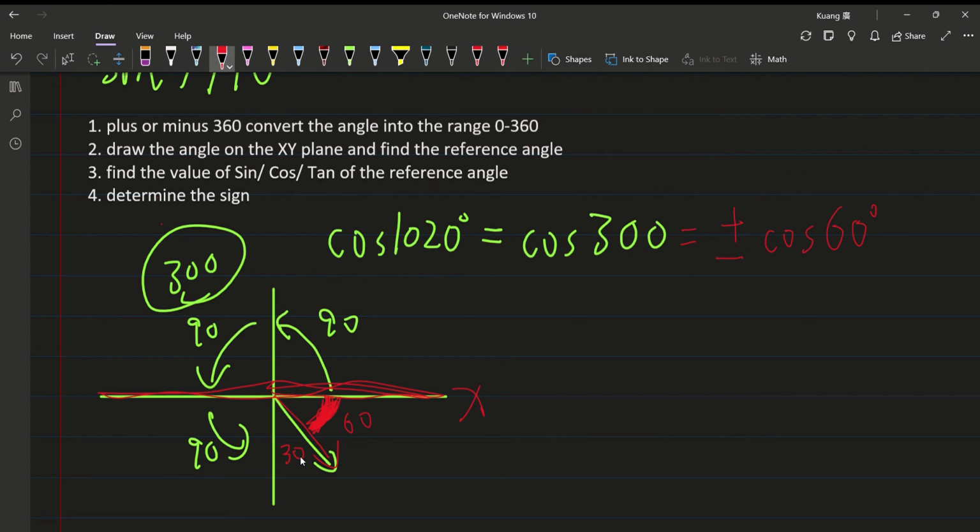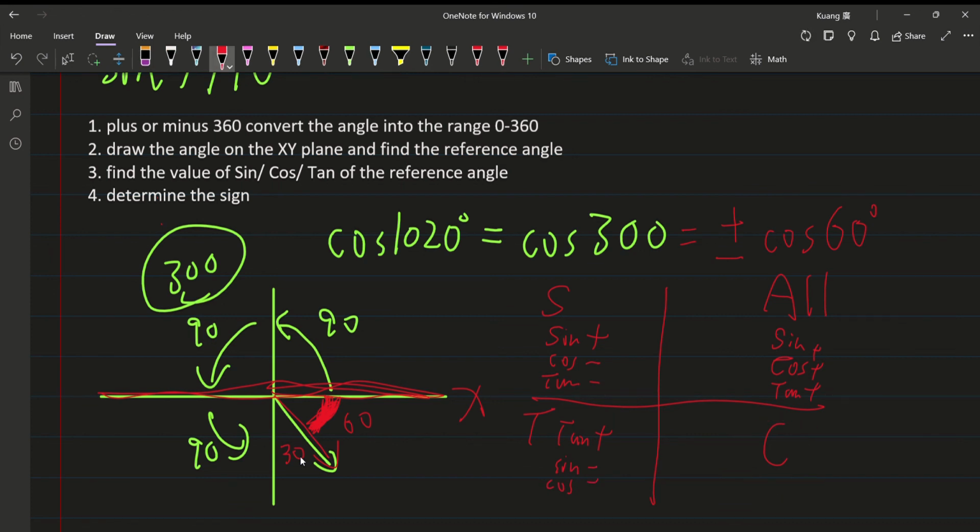How to do it? We use the slogan we call All Students Take Calculus. All means in this direction, sine, cosine, and tangent are all positive, right? Students means sine is positive, and the other two, cosine and tangent, are negative. T means tangent is positive, so sine and cosine are negative.